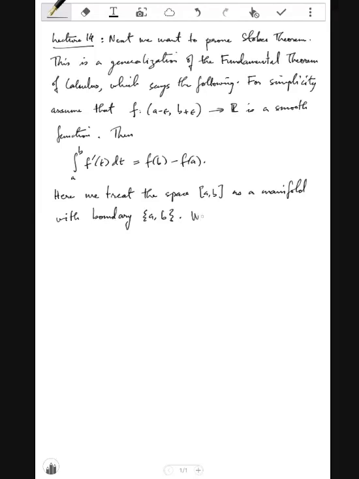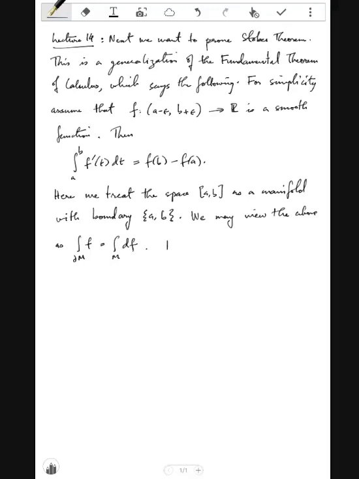So we may view the above as the integral over the boundary of M of f is equal to the integral over M of d of f.